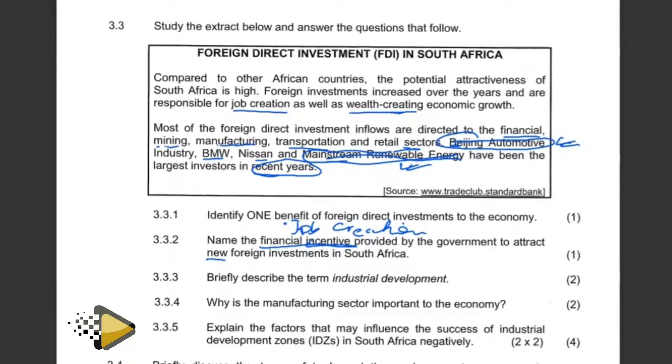What are they going to say? They are going to charge them less tax, and they are also going to give subsidies.